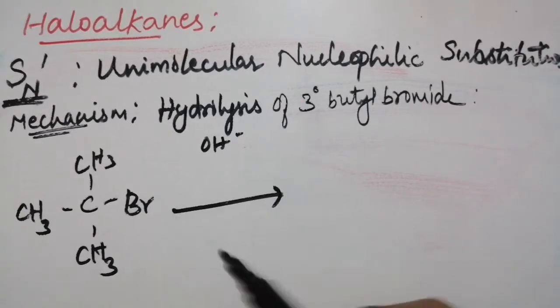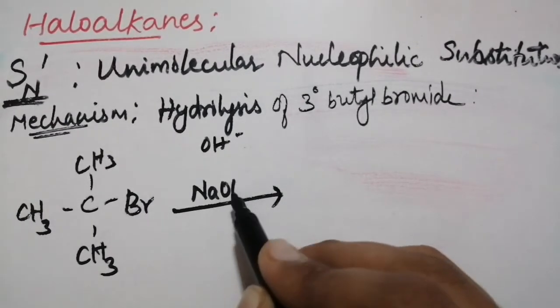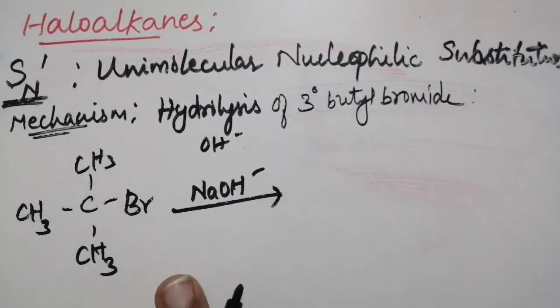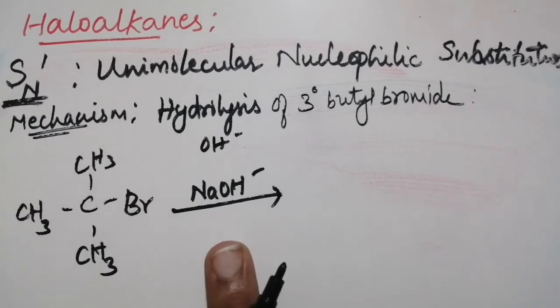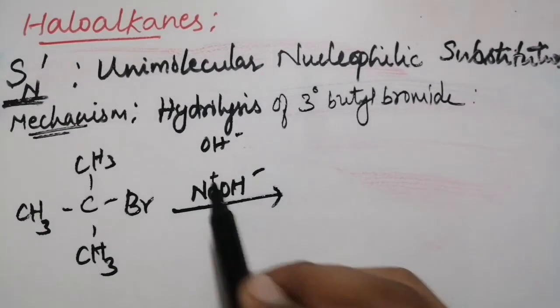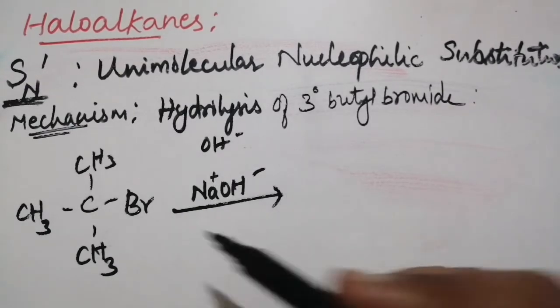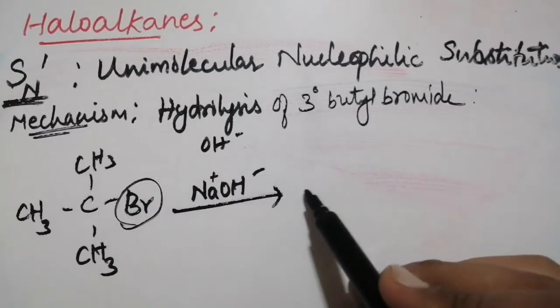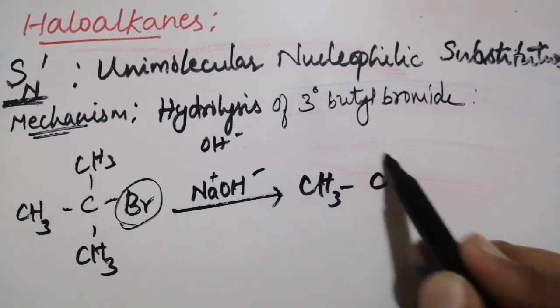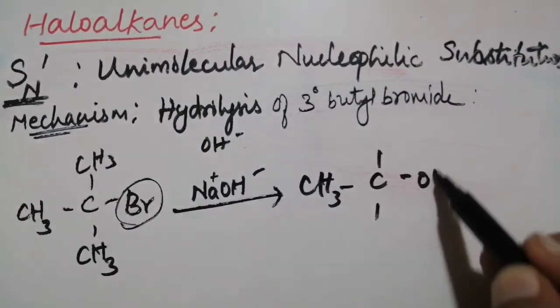So that is tertiary butyl bromide. If I am substituting NaOH with it, the reaction is happening with NaOH, Na plus and OH minus. So my Br will be substituted and in that place I will have my OH.